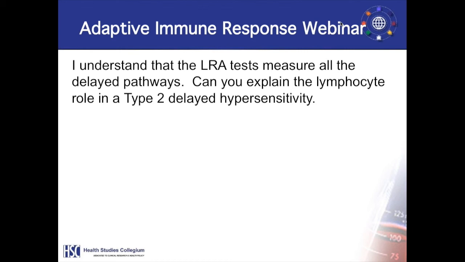But a serology test, an antibody test, an IgG test of one sort or another cannot tell you whether this is a helpful or a harmful antibody. And so its presence doesn't mean problems. It could be protective. And its absence isn't reassuring because you've missed the T cell side, which is type 4. So you need a lymphocyte response assay, not an old serology assay, if you want to understand type 2 antibody-related reactions in hypersensitivity.